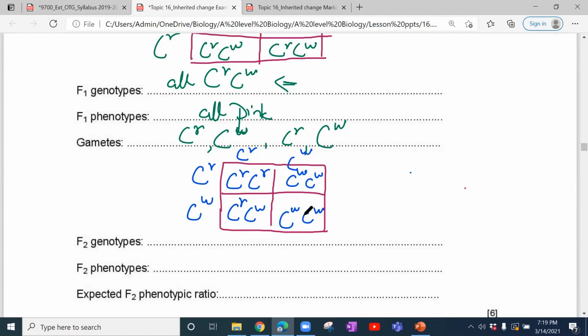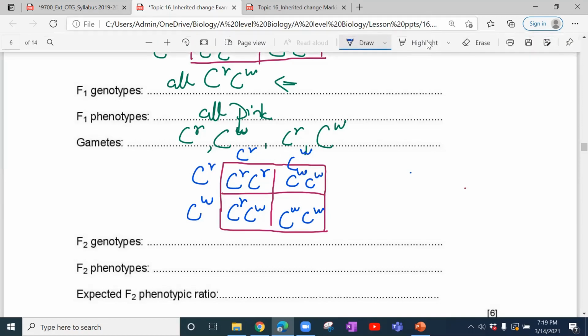So what are we looking at here? CR. Oh, my bad. Yes, I have to correct. This should be CRCW. Yeah, it's correct now.